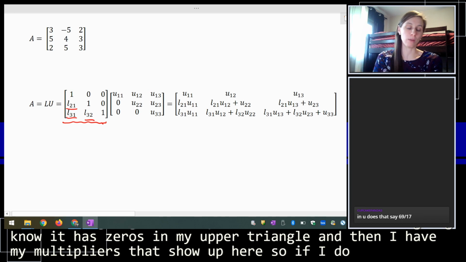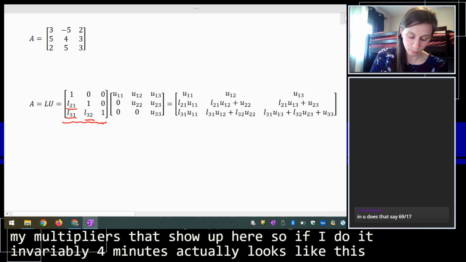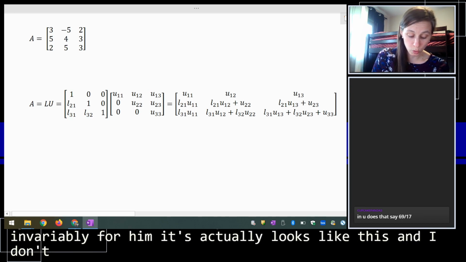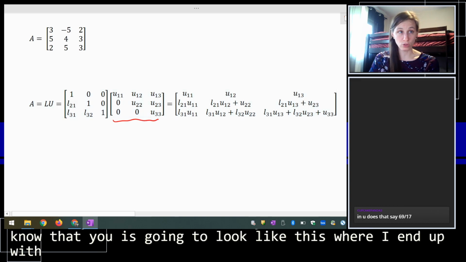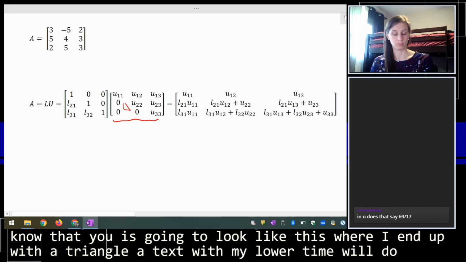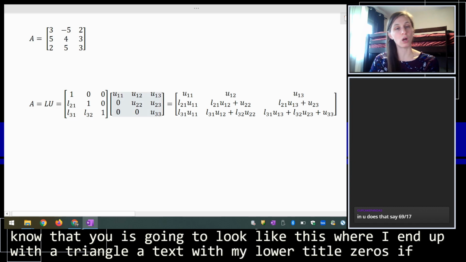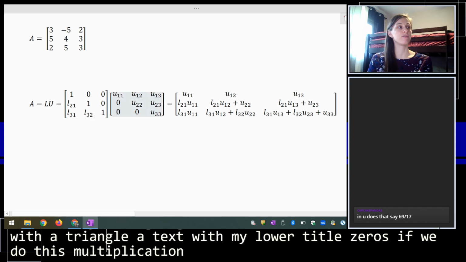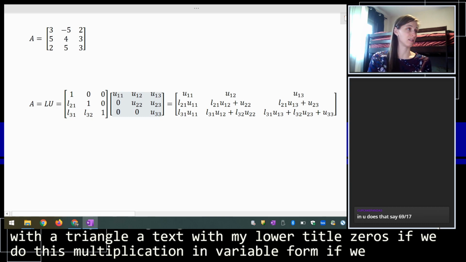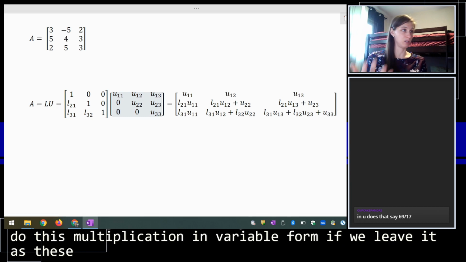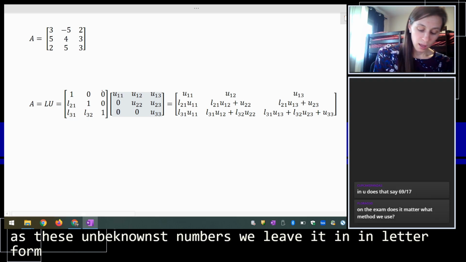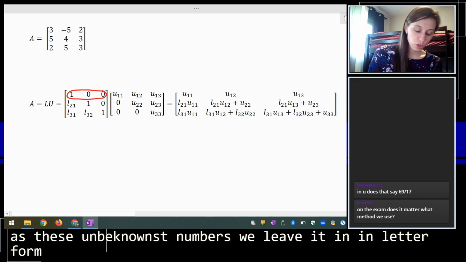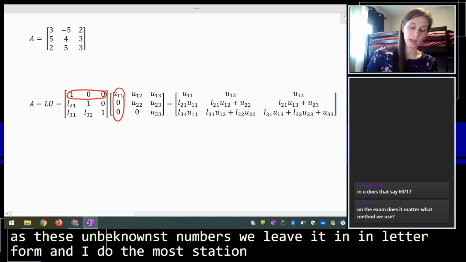So if I do it in variable form, it essentially looks like this. And I know that U is going to look like this, where I end up with a triangle matrix with my lower triangle of zeros. If we do this multiplication in variable form, if we leave it in letter form, row 1, column 1, I end up with U11.